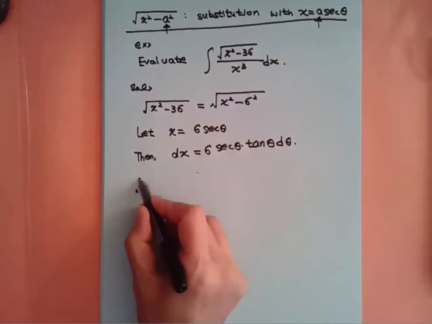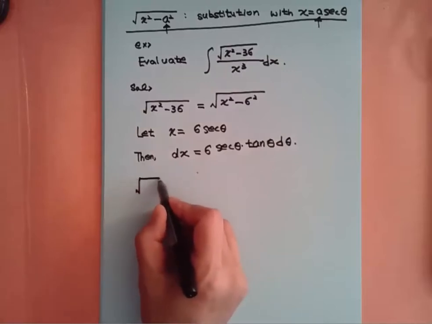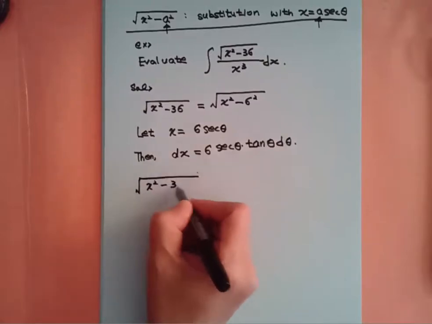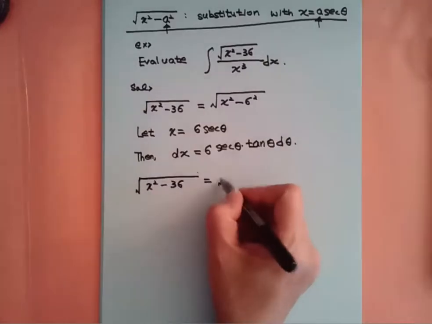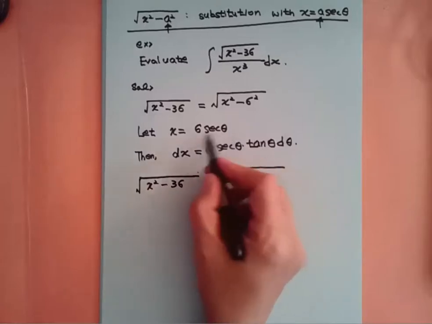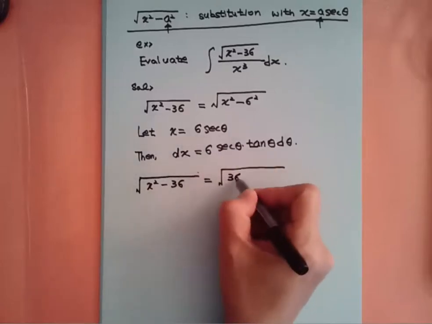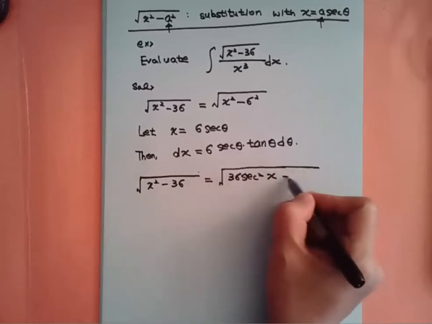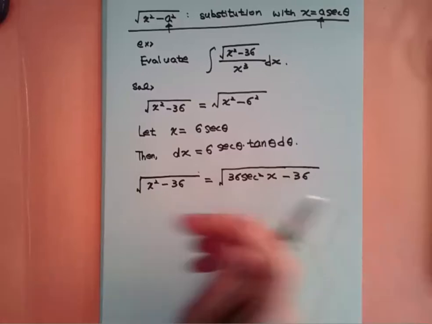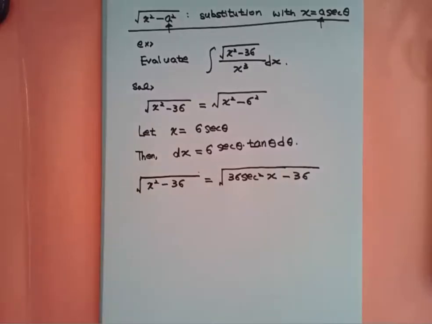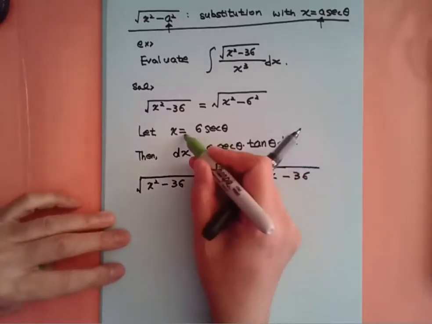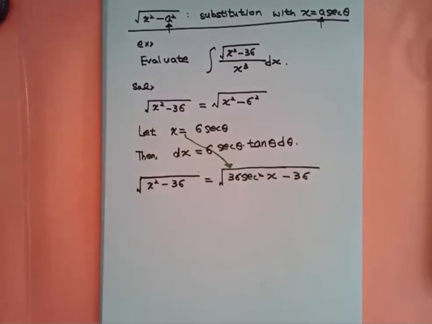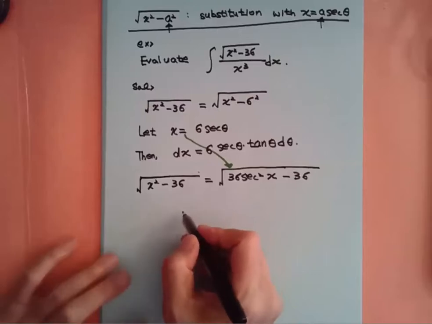So when we think about x squared minus 36, after the substitution, we square this. So 36 secant squared of theta minus 36, right? So we have common factor 36.